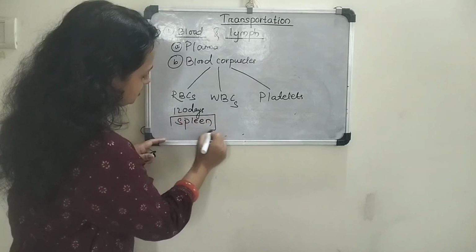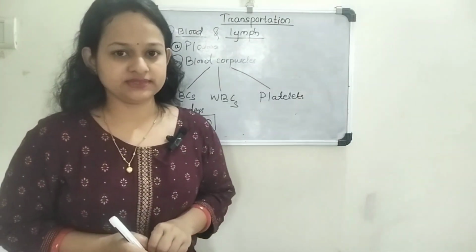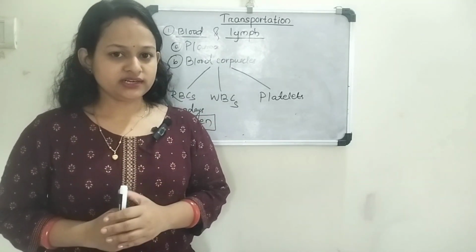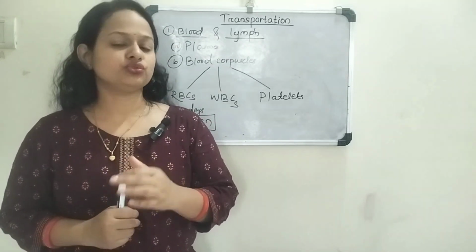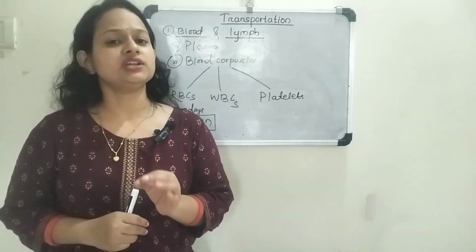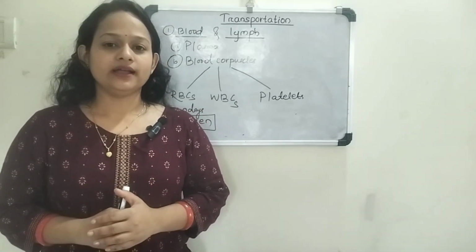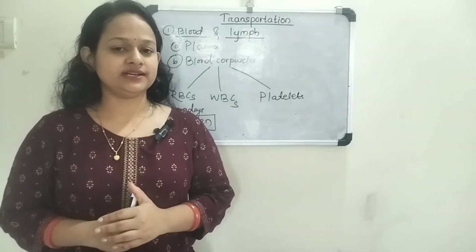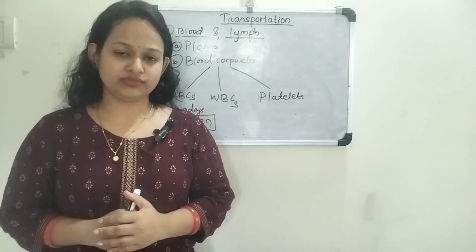These RBCs contain the pigment hemoglobin, and due to the presence of this hemoglobin, the RBCs are red in color. Hemoglobin has two parts, the hem part and the globin part.